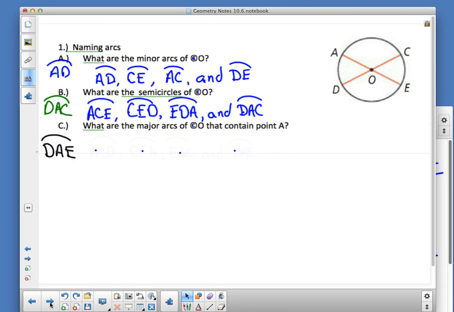Now, major arcs. Major arcs are bigger than 180, smaller than 360. Check them out as we get going.